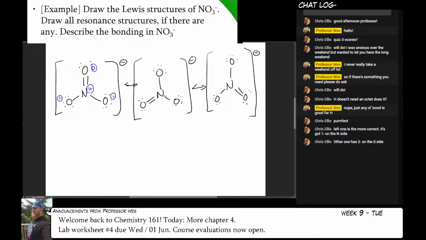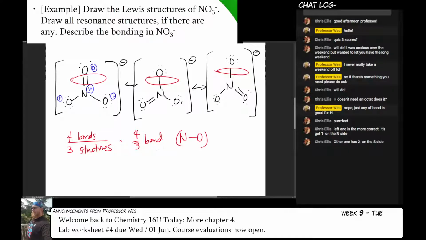What we're going to do is calculate the bond strength. We're going to pick the top position here. So I'm going to just circle the top position for all of them. So I've circled a total of 2 + 1 + 1, or 4 bonds, over 3 structures. And so in that position, I would find that the NO bond is the equivalent of a 4/3 bond, or 1 1/3.